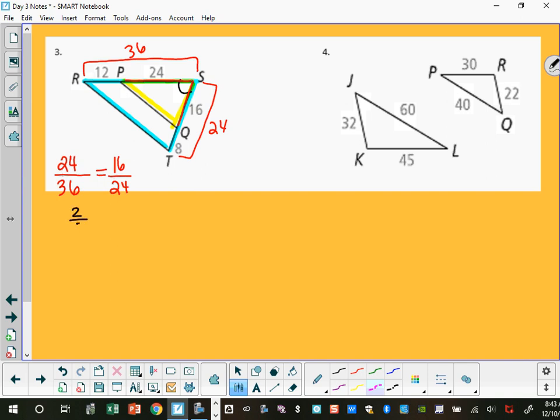Good. What'd you get for 16 over 24? Yep. Over 3? Alright, so would this be angle, side, side, side, or side, angle, side? Side, angle, side. Good. So we're going to write side, angle, side, similarity.